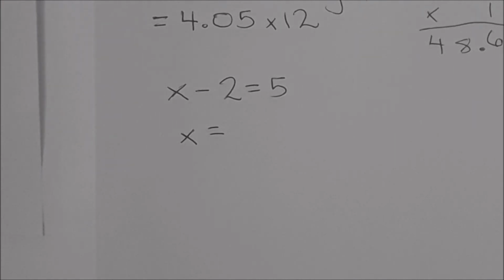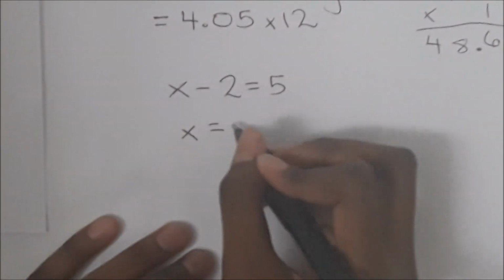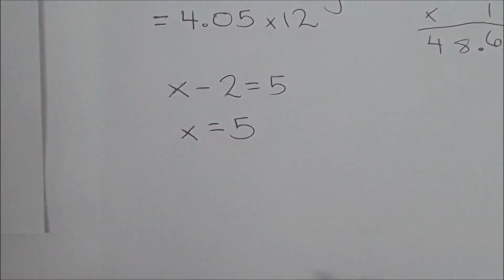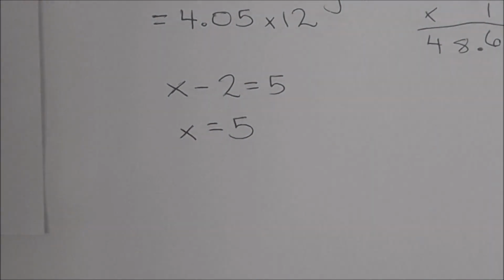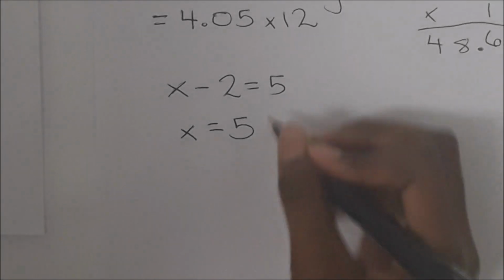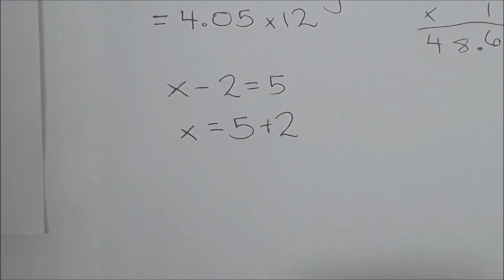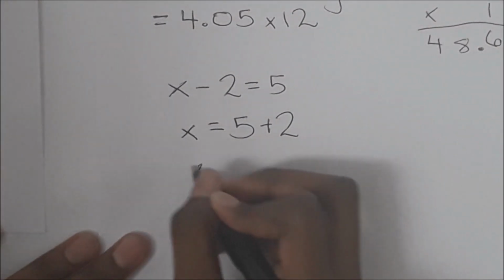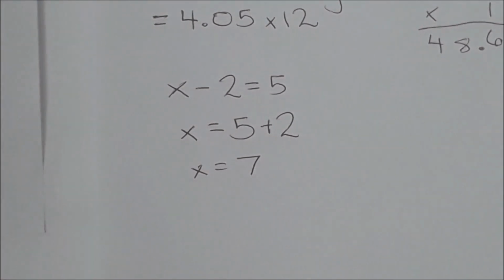Okay, let's take it across the equal sign. So write x is equal to 5, and at the back of that we carry the 2 across, change the sign. Plus 2, 5 plus 2. And then x is equal to 7. Right, okay. That's where we got the 7 from.